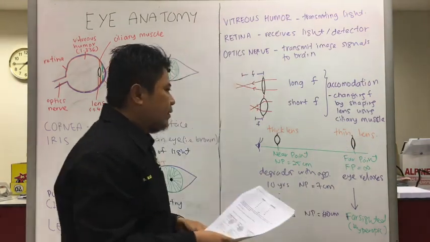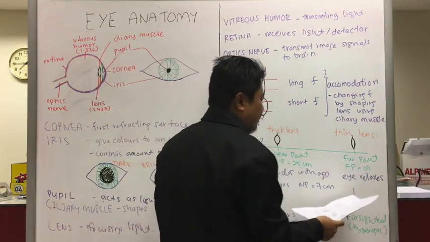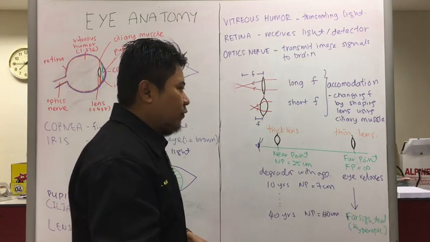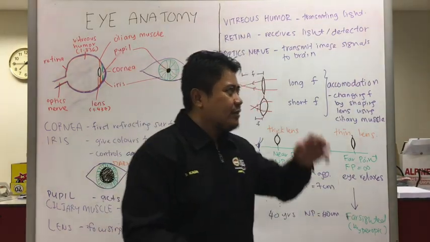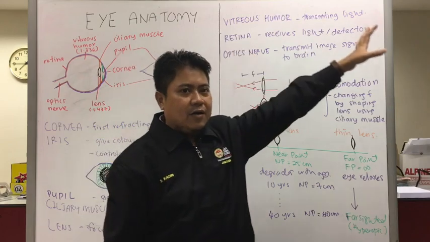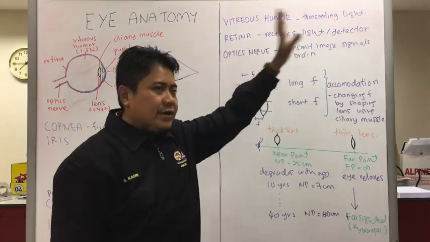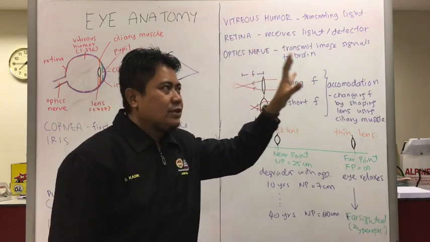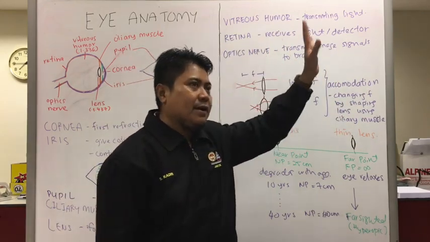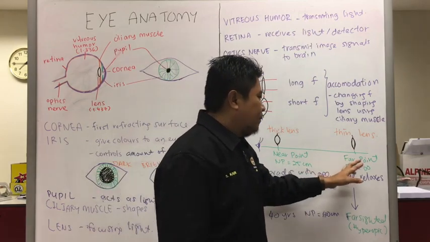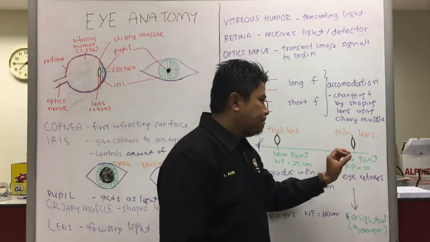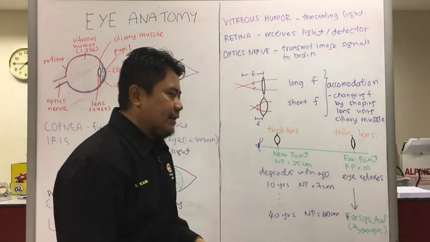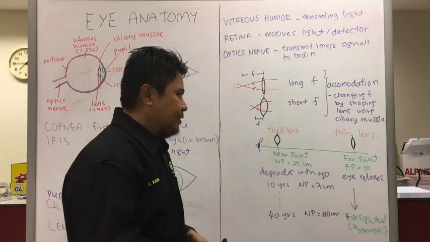Another point of importance is the far point. This is the farthest distance of an object that you can see. For normal people, it is infinity. That means you can still see a star in the sky very far away. But if you have a problem with your vision, you cannot see it clearly. It becomes blurred. People with a far point problem have to correct it with some kind of lens.